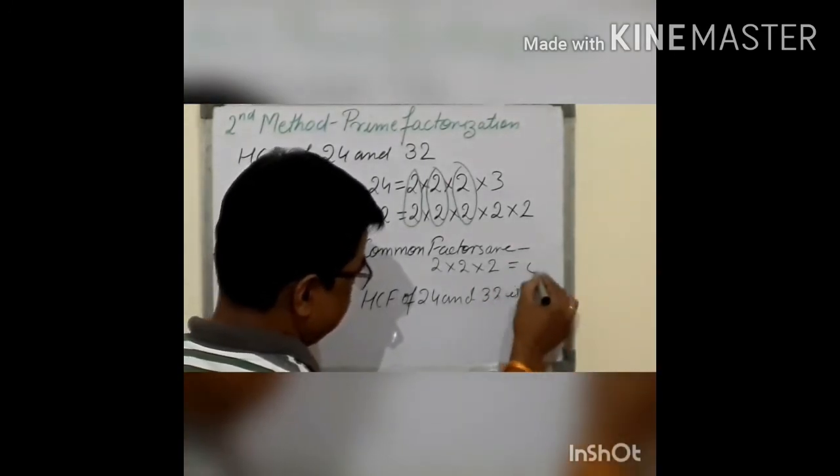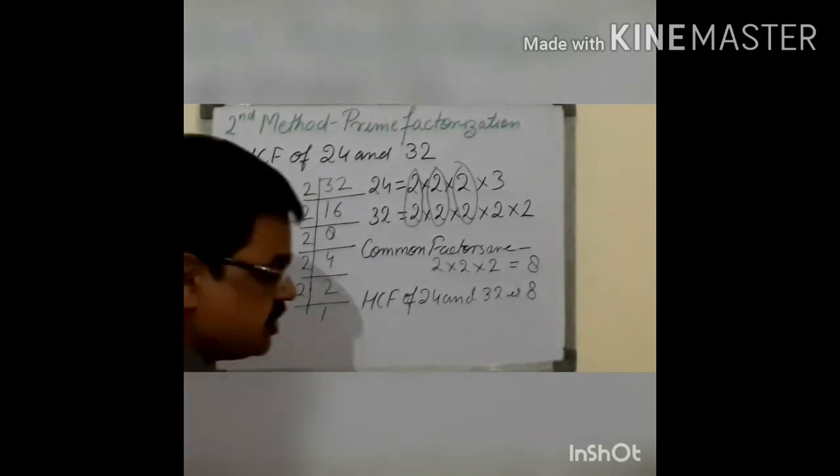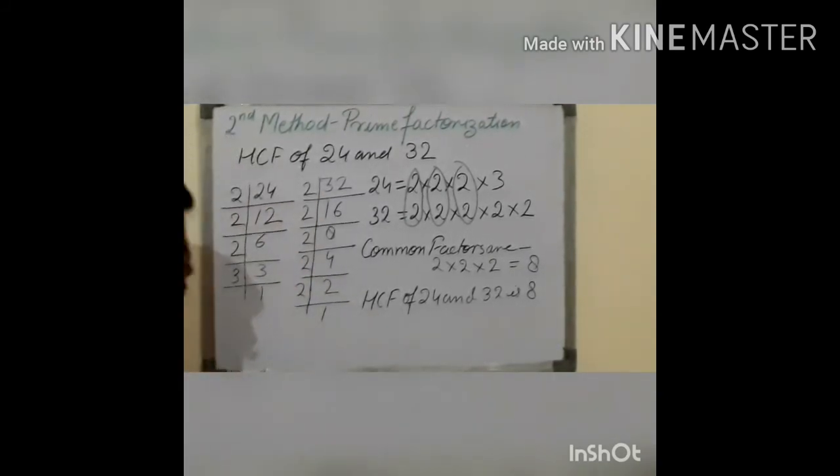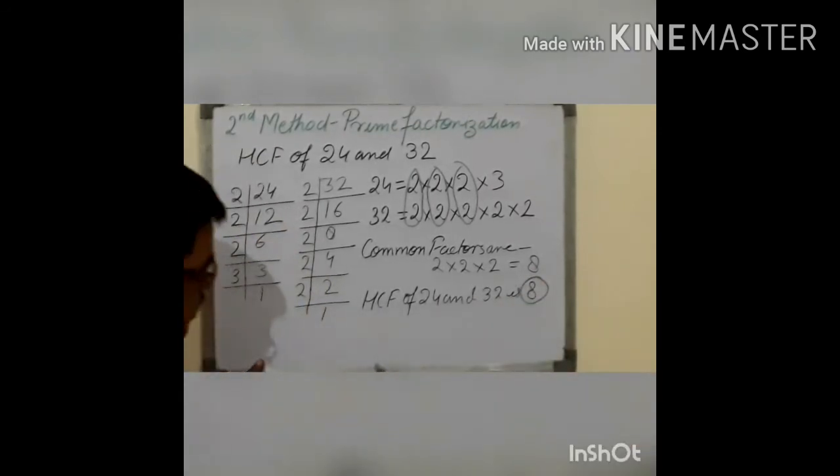We will multiply these numbers, 2 multiplied by 2 multiplied by 2, and we will get 8. So the HCF of the given numbers is 8. This is the second method.